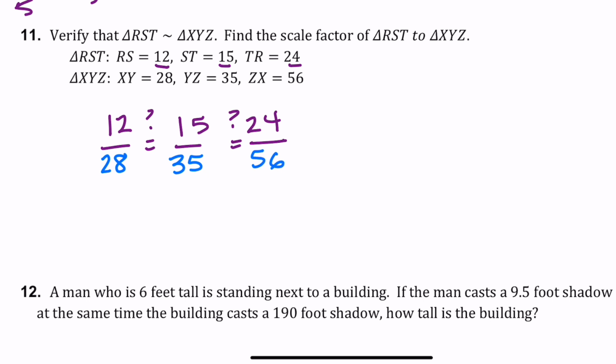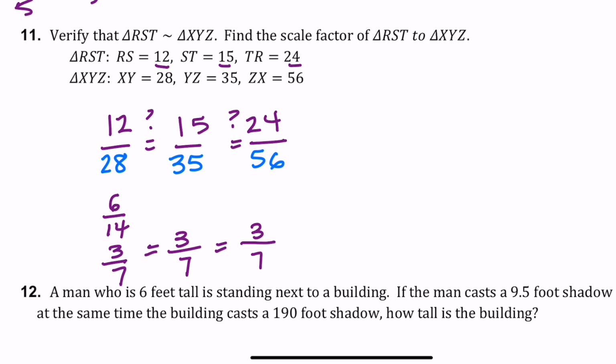12 over 28 reduces to 6 over 14, which reduces to 3 over 7. 15 over 35 also, let's see here, 5 will go into both 15 and 35. 5 goes into 15 3 times. 5 goes into 35 7 times. 8 goes into both 24 and 56. 8 goes into 24 3 times, and 7 times 8 is 56.